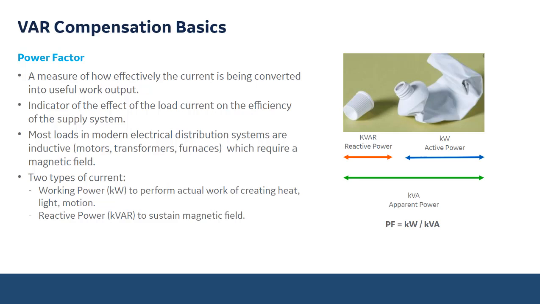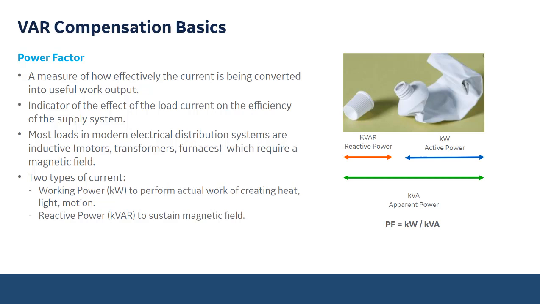That's where you have your motors, transformers, inductive furnaces, and air condensing units, which require that magnetic field. The working power consumes watts and can be read on a watt meter, measured in kW. That's your kW active power, the blue bar on the right side of the screen.